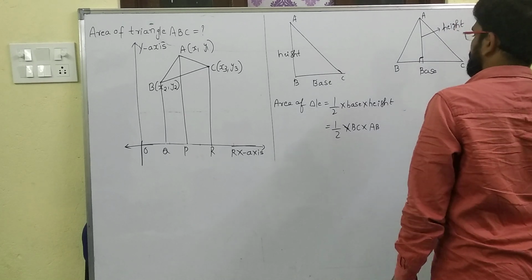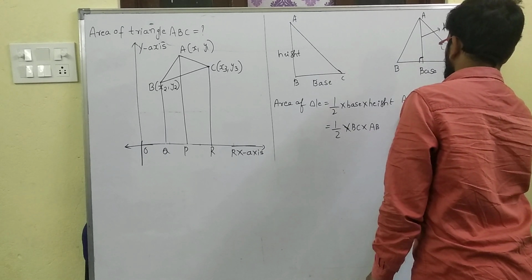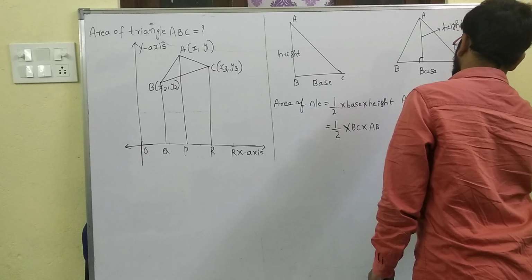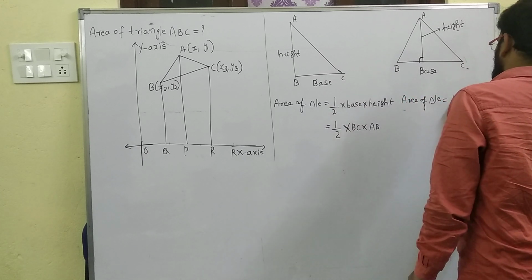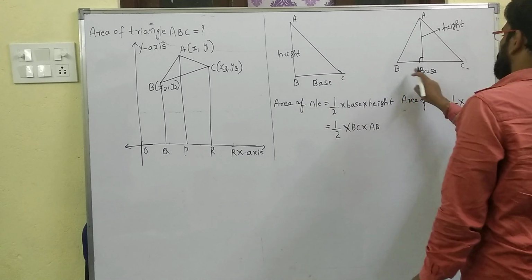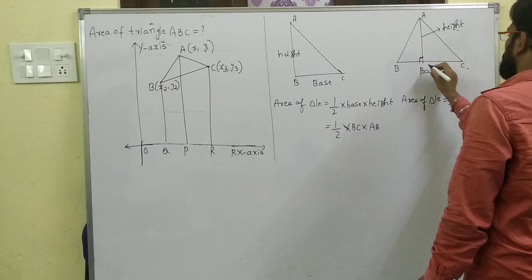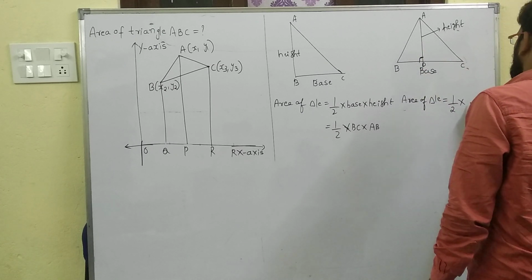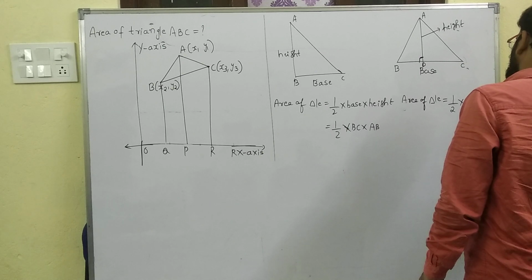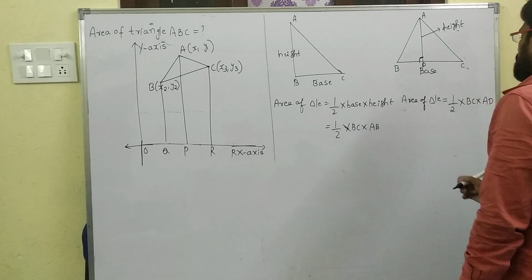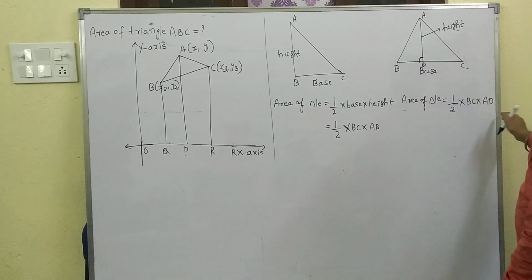The perpendicular is called the height of a triangle. Then the area of the triangle is half into the same base into height. Name the foot of the perpendicular D here. So the area of the triangle is half into BC into AD.